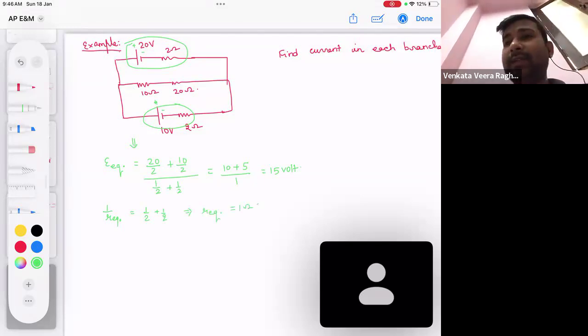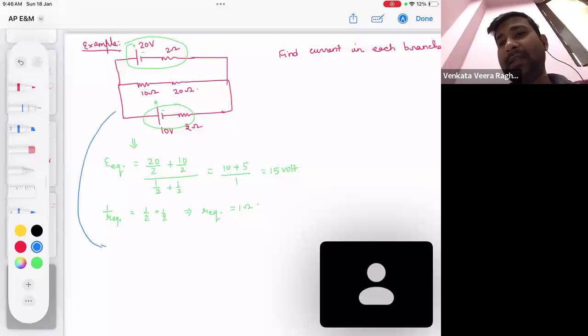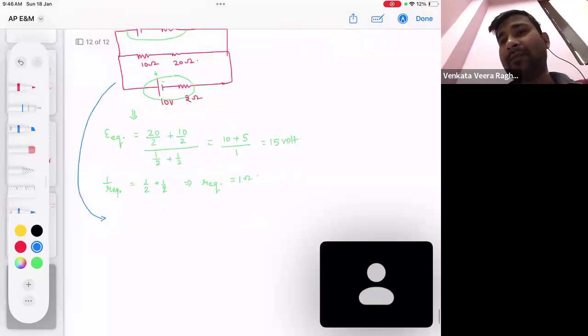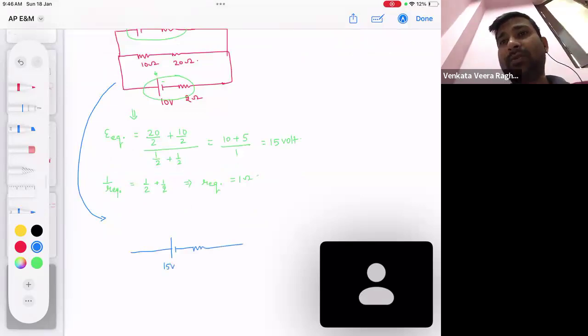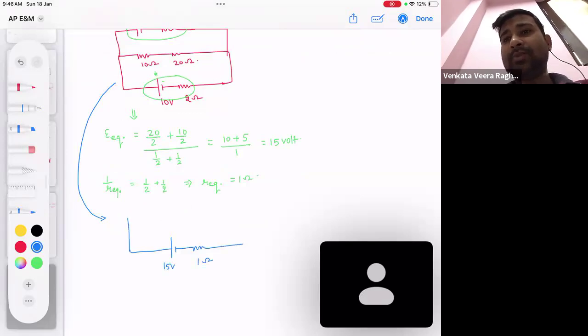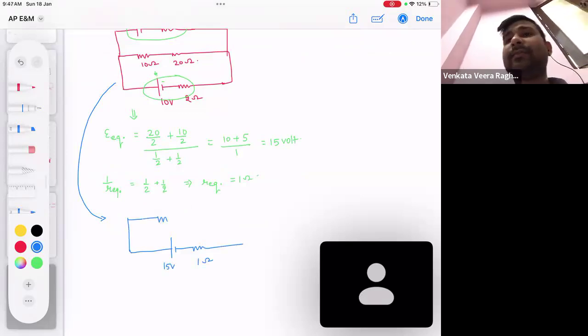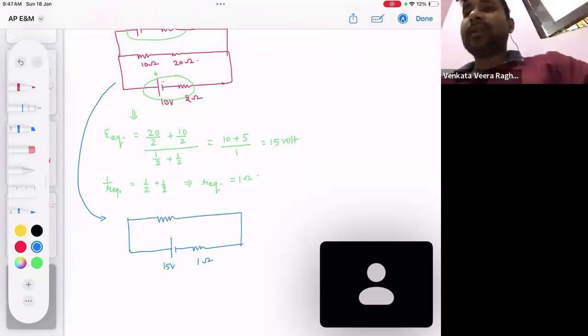What does it mean? It means this given circuit can be replaced by a single battery of EMF 15 volt and internal resistance 1 ohm. These two batteries I have replaced by a single one.